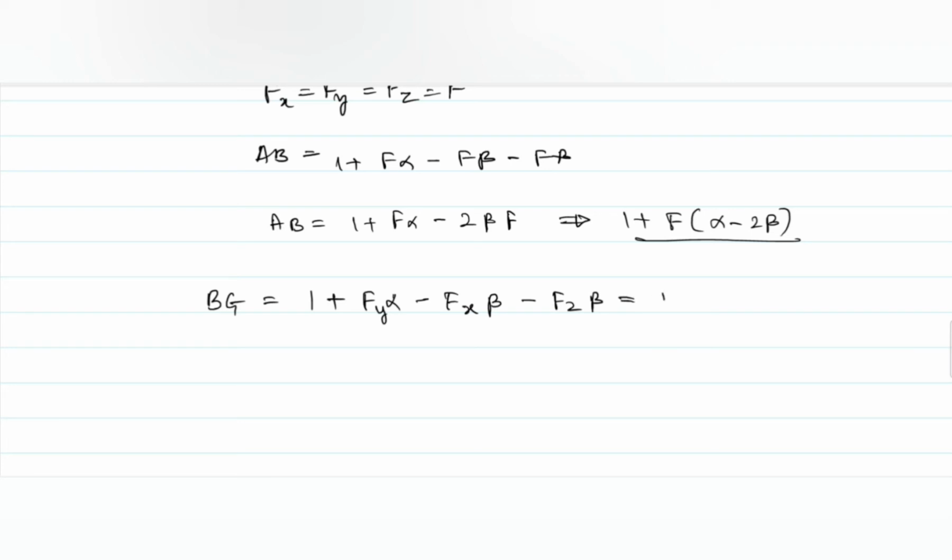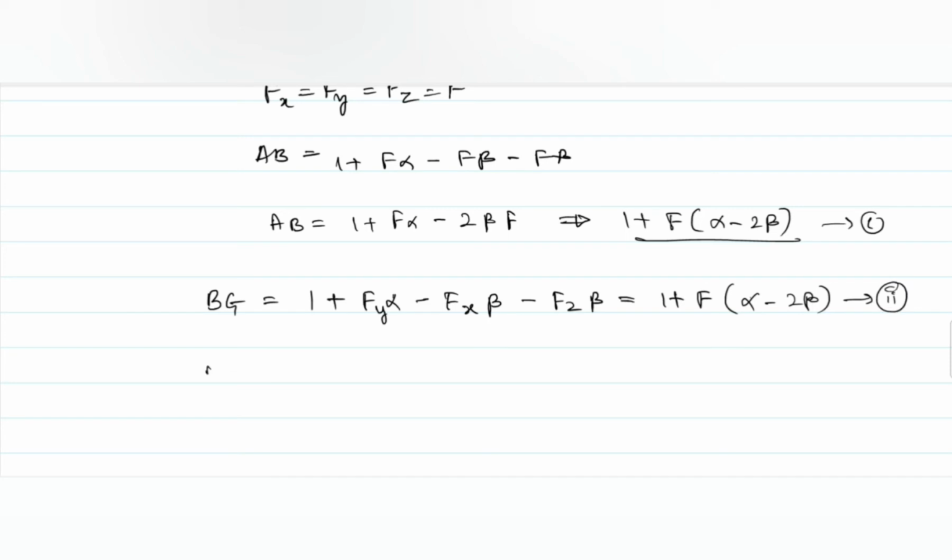So then the equation becomes 1 plus, similarly we get f outside, and then alpha minus 2 beta. This is equation 1, and this is equation 2.